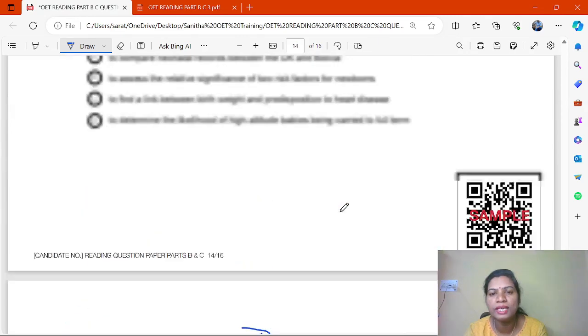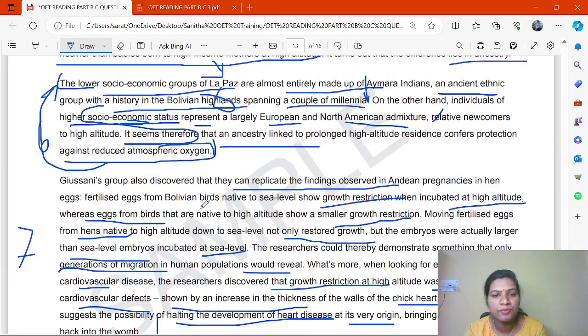Okay, here the native sea level shows high altitude effects, but it is talking about the technique they used. Whereas birds native to higher altitude show smaller growth restriction. They used three types here.